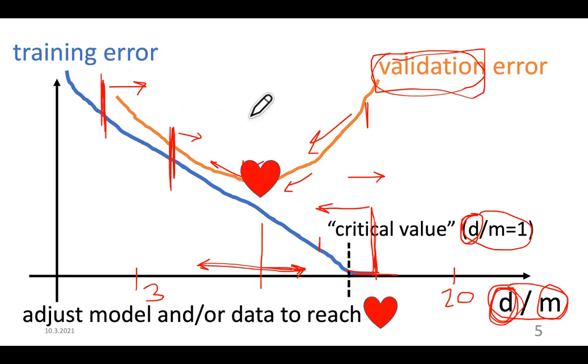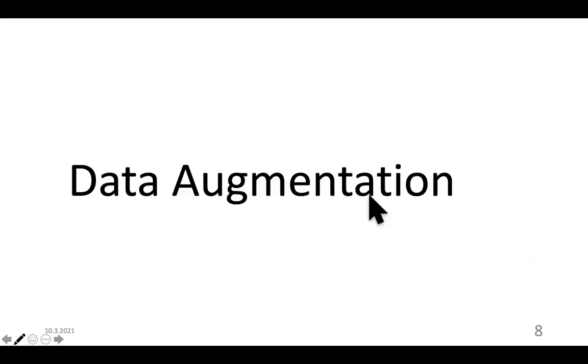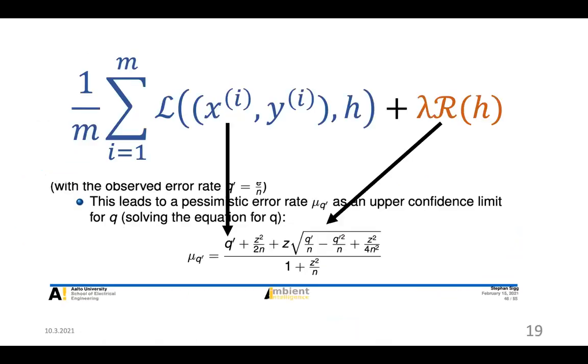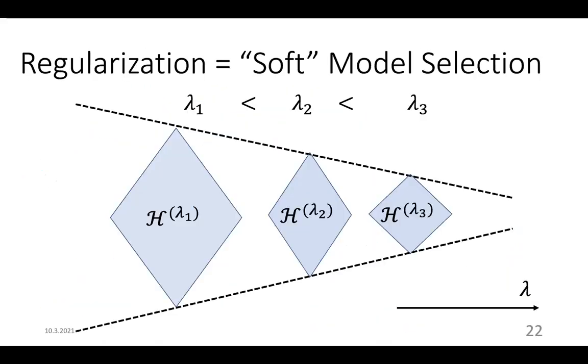I could even increase a bit more the effective hypothesis space, and increasing the effective hypothesis space means making the regularization parameter smaller. For larger values of the regularization parameter lambda, I reduce the hypothesis space. When I make the regularization parameter smaller, I increase or blow the hypothesis space up.